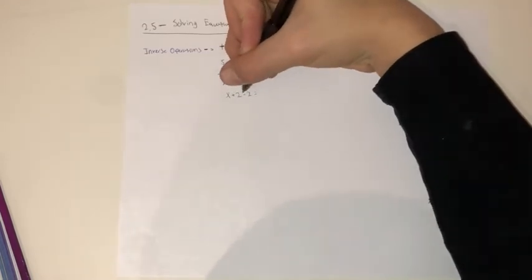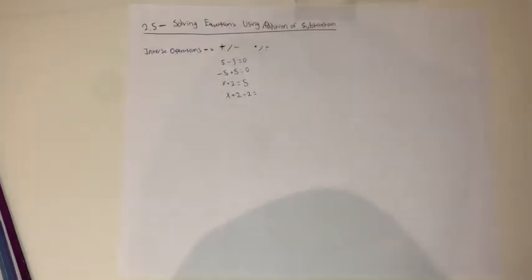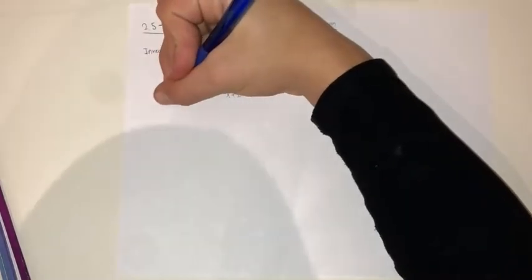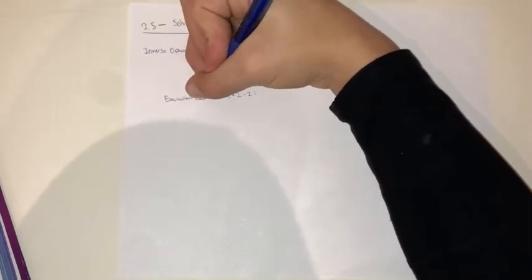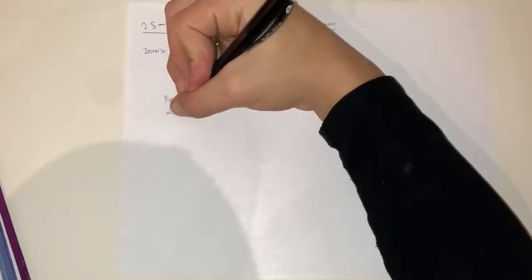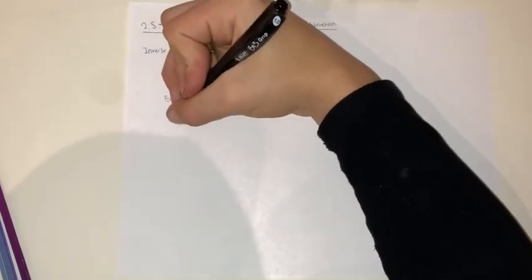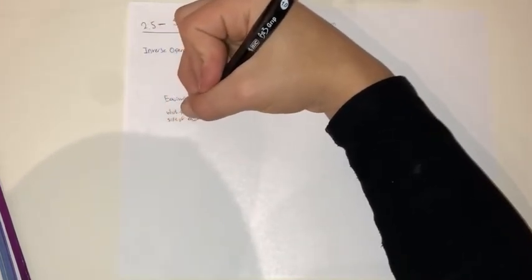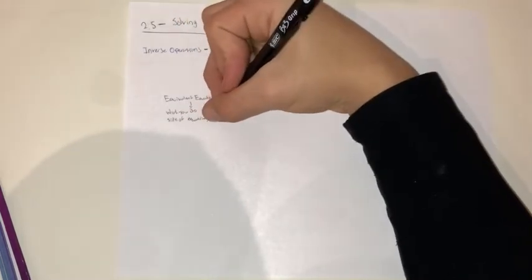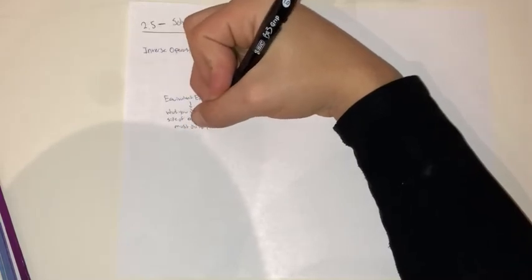-2. But whatever you do to one side of the equation, you have to do to the other to keep an equivalent equation. This just means what you do to one side of the equation, you must do to the other.